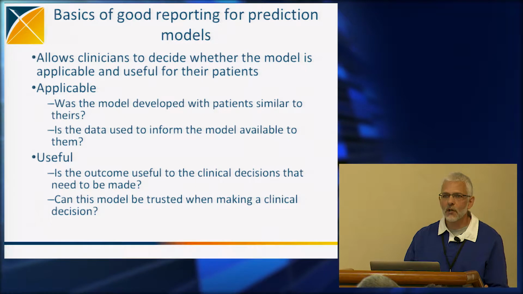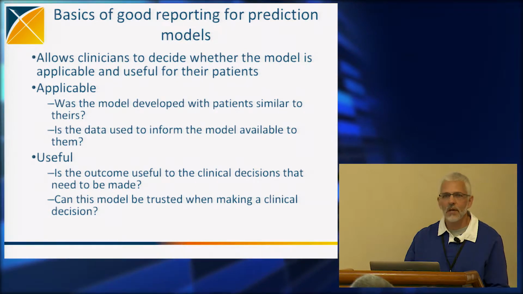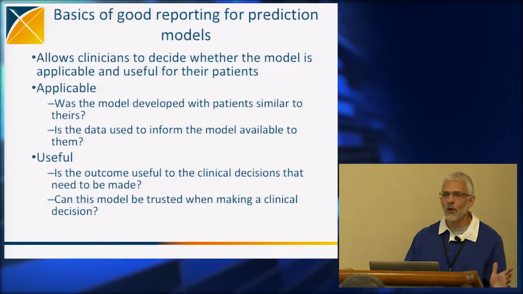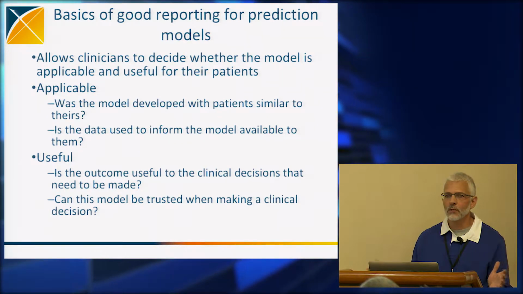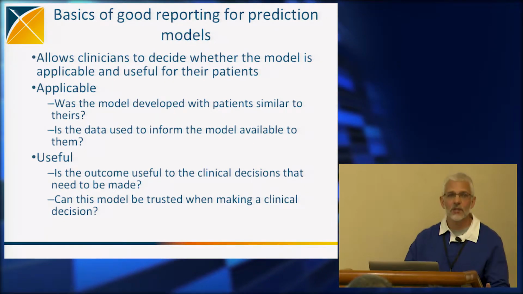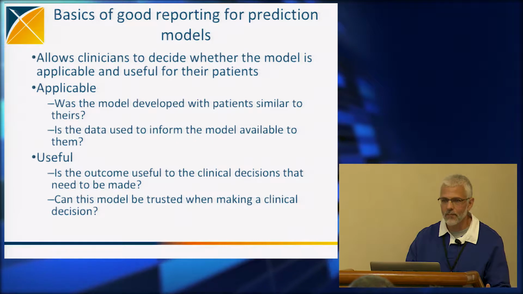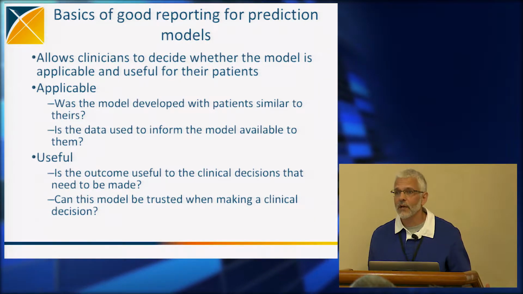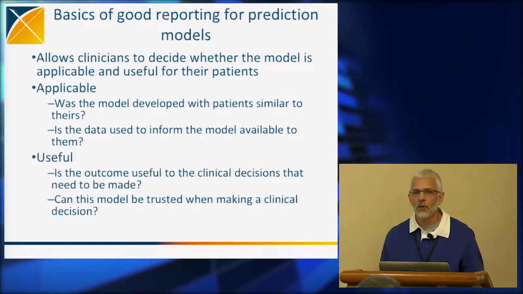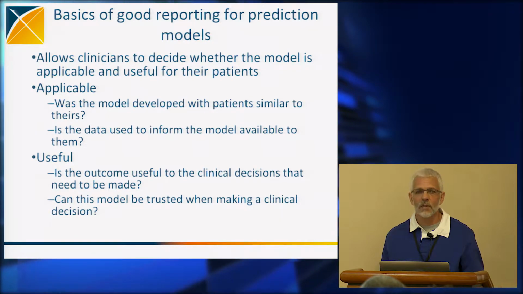One of the things a clinician wants to look at is whether it's applicable to their patients. If it's a clinician who works with all people over 80, and the model was built with a wide variety of ages or even younger ages, that may not be applicable to them. The clinician would also look at whether the data that was used to build the model, and is used to inform the model, is available to them.